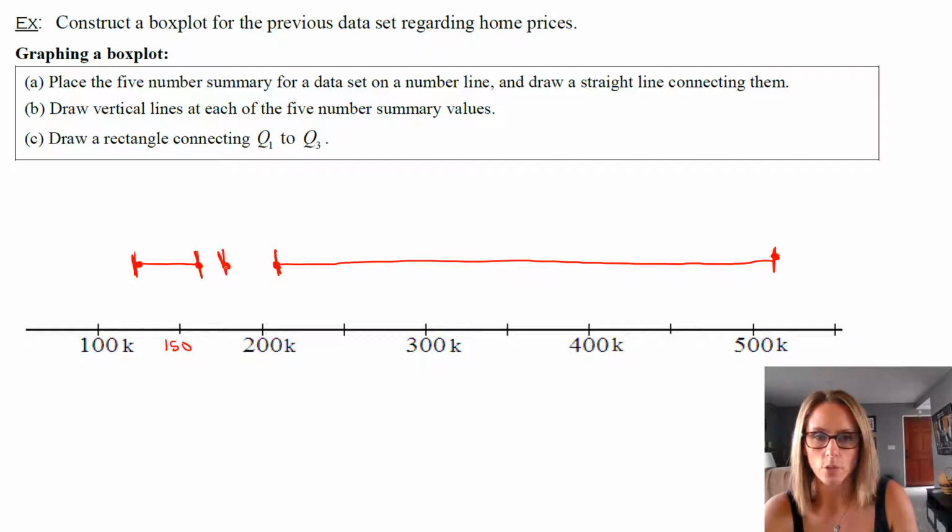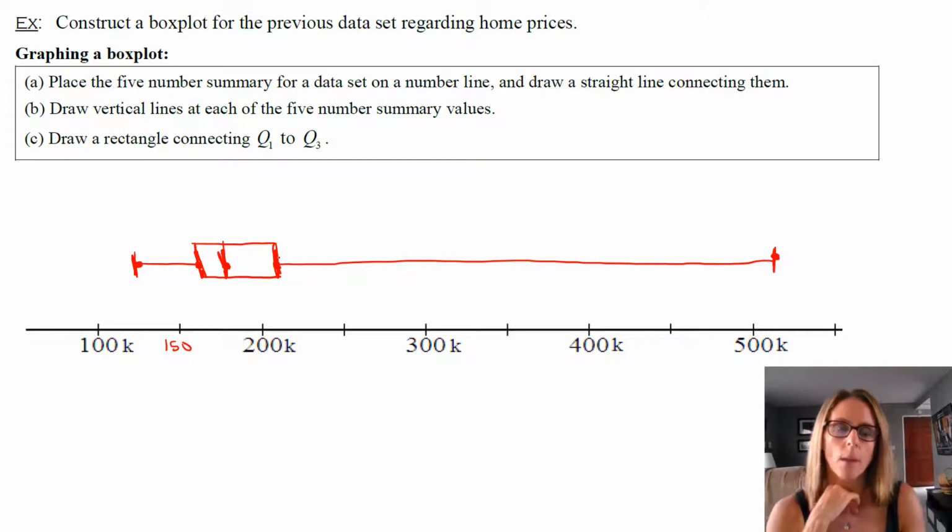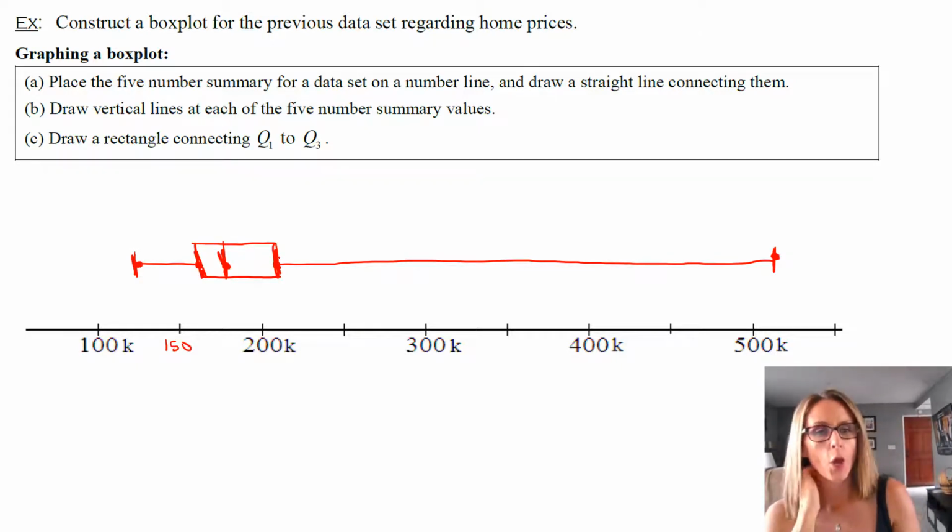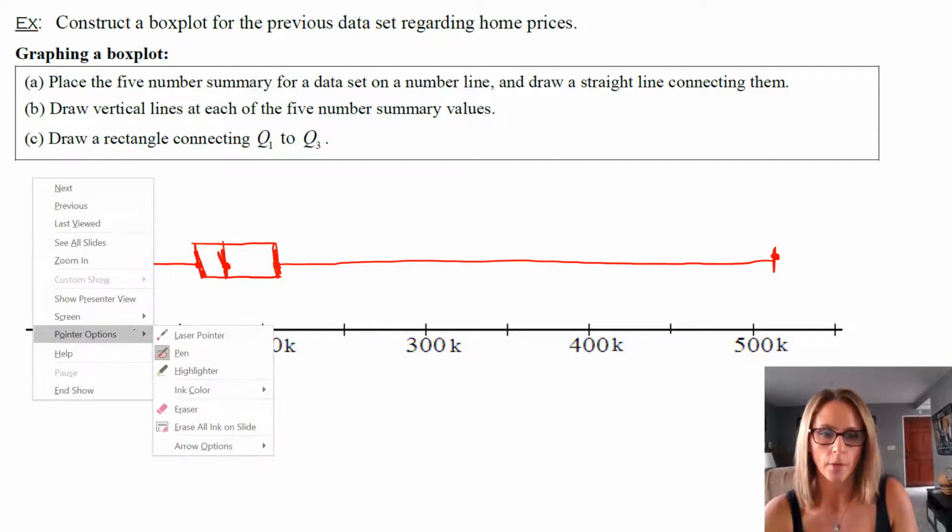So notice we have these kind of straight lines on all of them, some better than others. And once I do that, I then just connect them at the top and at the bottom. And so this is my box plot. Now you can write this down or not, because this is your box plot, so you have everything.